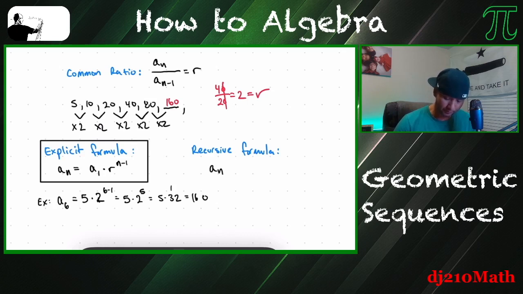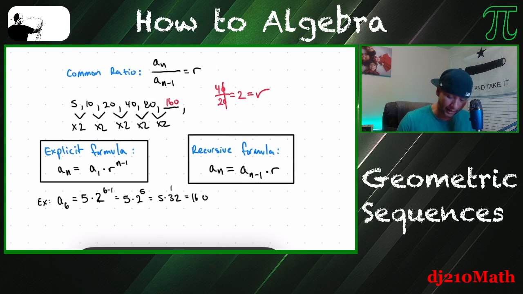Any term, a sub n, you pick a term, it doesn't matter which one, you take the term before it, because that's what we did when we were looking for the 160: we had to look at the term before it, the 80, and then multiply that by whatever the ratio is, so times r. And this is the recursive formula. Any term can be written as the term before it times the ratio.